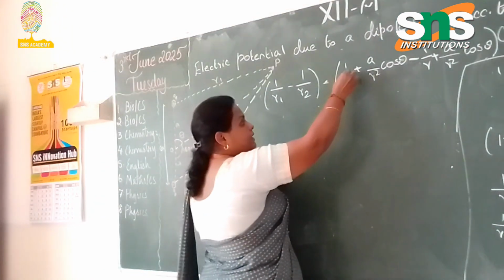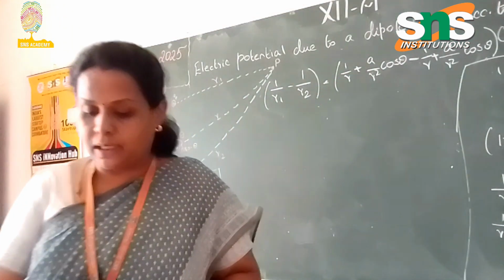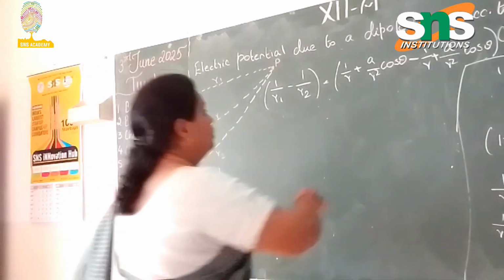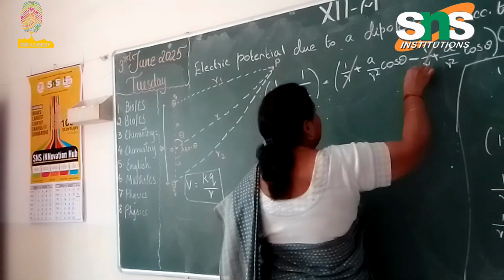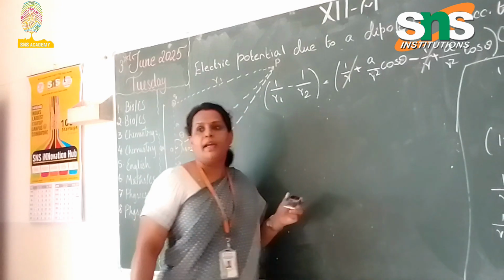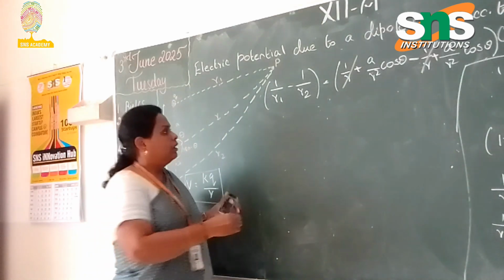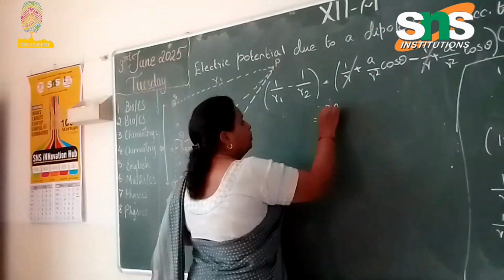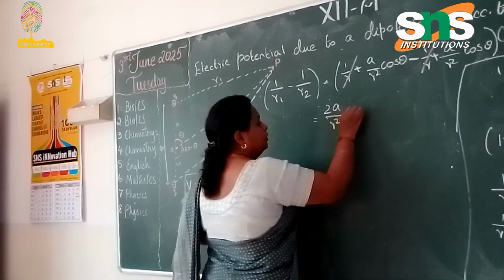So can I cancel both these terms, 1 by r and minus 1 by r? Plus a by r square, here also plus a by r square, what will it be? Yes, very good. 2a by r square cos theta.